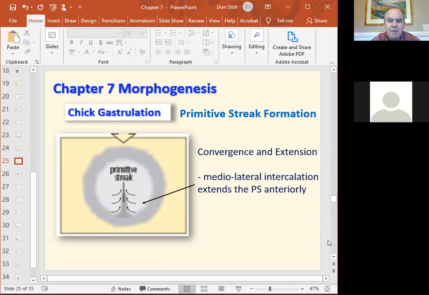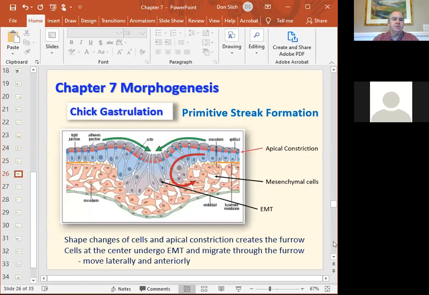And as that is happening, here's a cross section through the streak. We've talked before about apical constriction. So this is the apical side of the embryo at this point, the upper portion. And so you've got actin and myosin there that can contract.